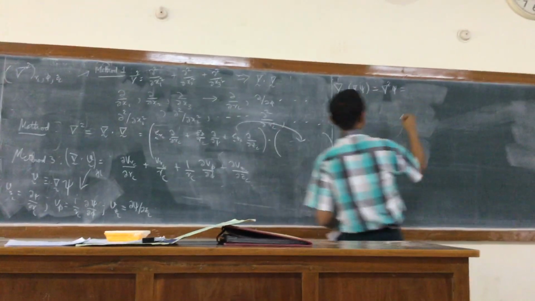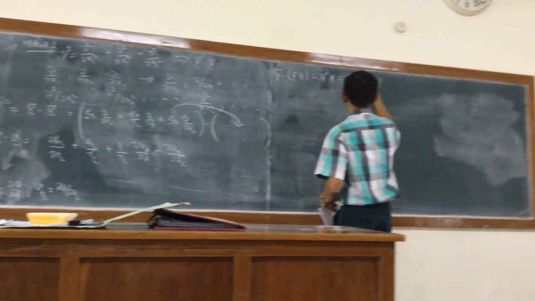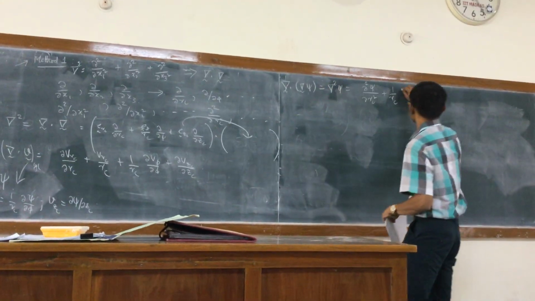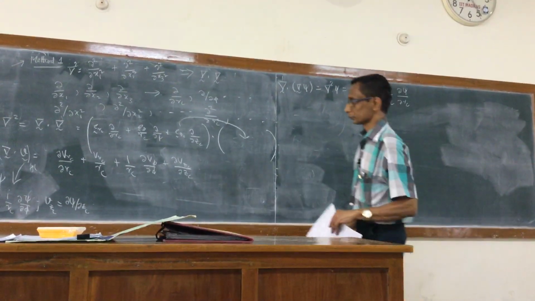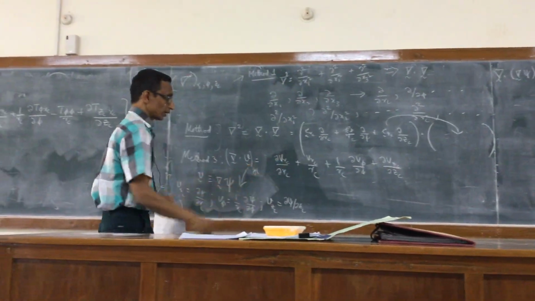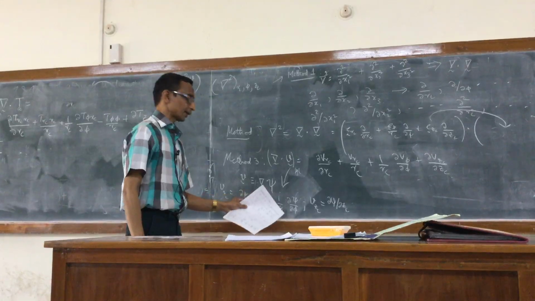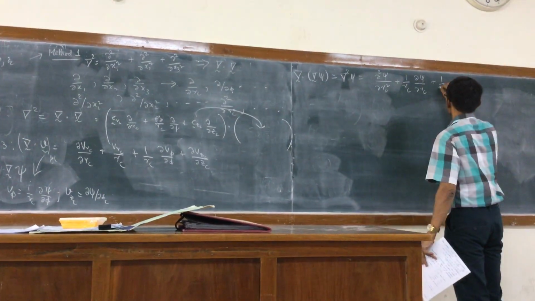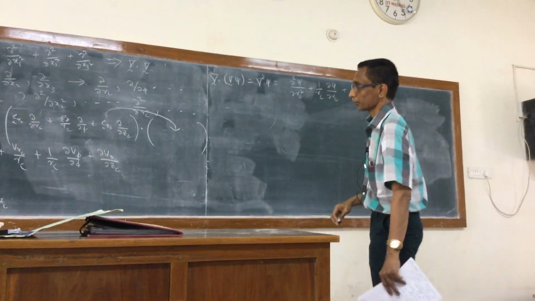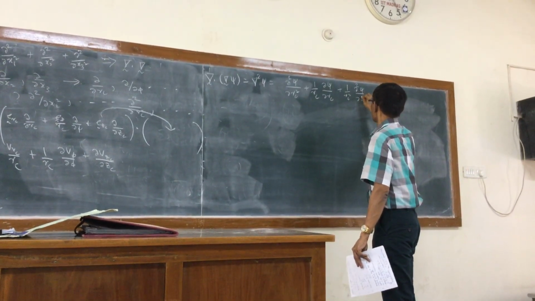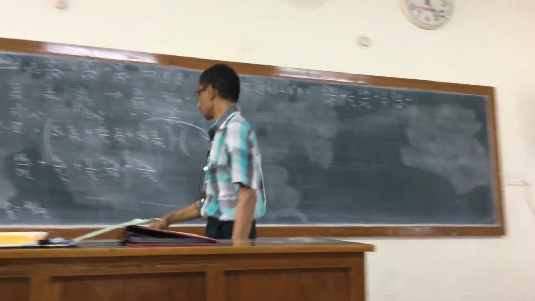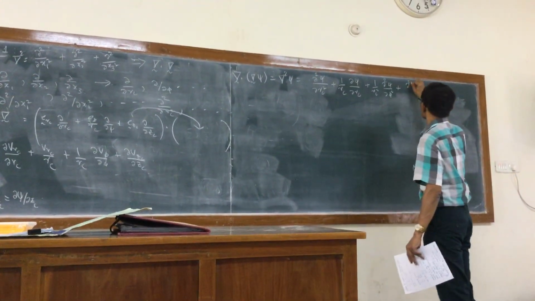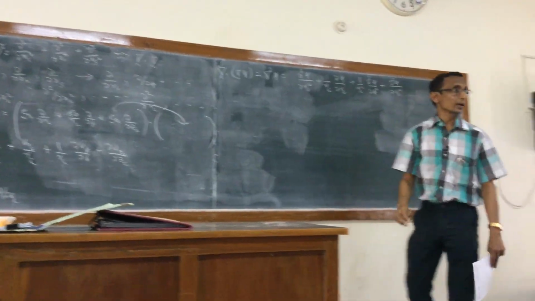So the first term would be d squared psi by d rc squared, plus 1 over rc times d psi by d rc. The phi component is 1 over rc d psi by d phi, so when I differentiate that and put it into this term, I get 1 over rc squared d squared psi by d phi squared, plus, for the final term, d squared psi by d zc squared.